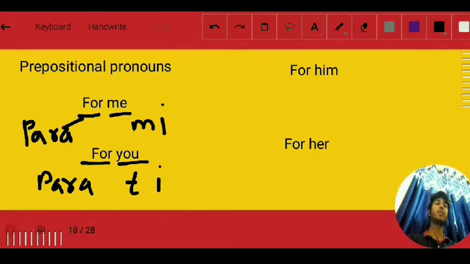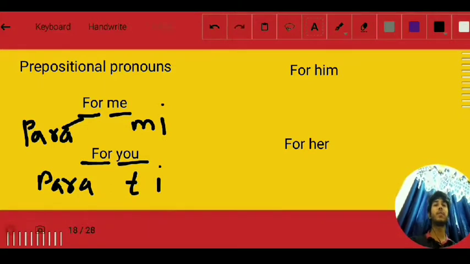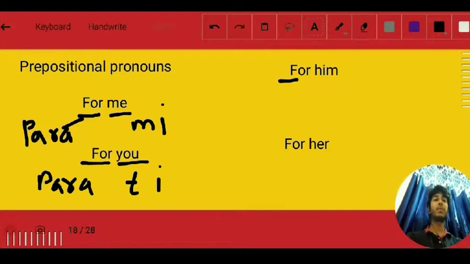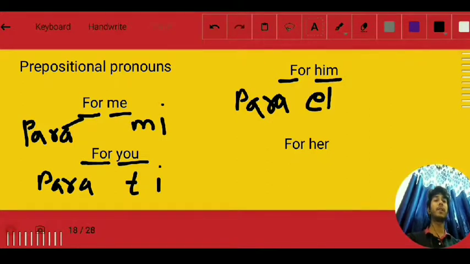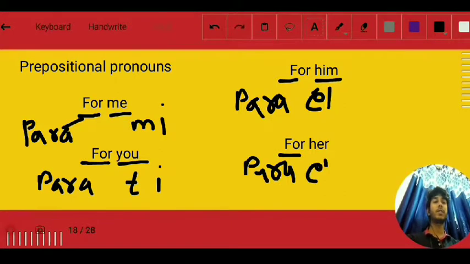Like we generally say tú in many of the languages, like you are referring to a second person. So it is going to be ti. For him it is going to be para, and we have seen a word before that the word for he is él. So the prepositional pronoun here is él, and for her that is going to be para ella.